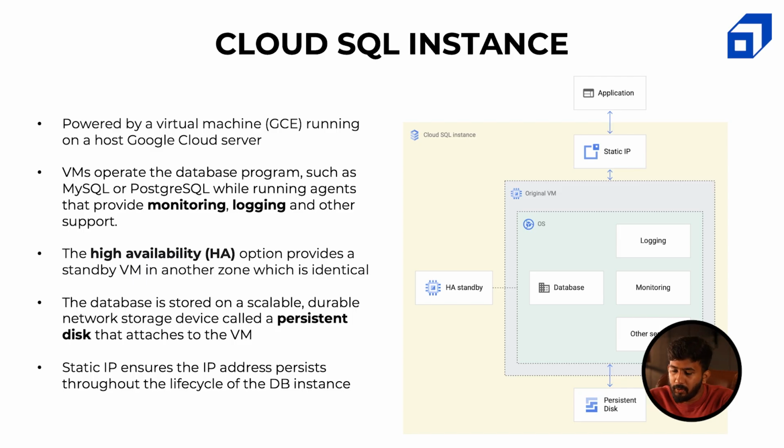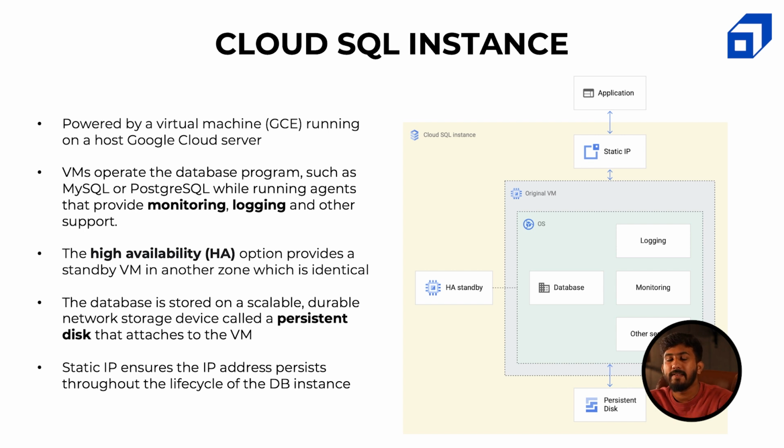Now, the virtual machine also has a high availability standby database instance, a standby virtual machine running. So if this particular virtual machine goes down, the standby virtual machine will automatically come online and act as the primary database. And the virtual machine inside is connected to a static IP address. Why exactly a static IP address? Because if it is a regular IP which is dynamic, every time you restart, the IP address will change.